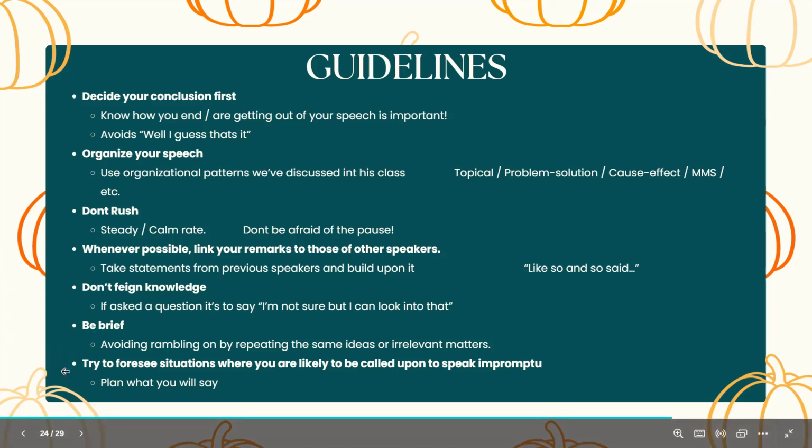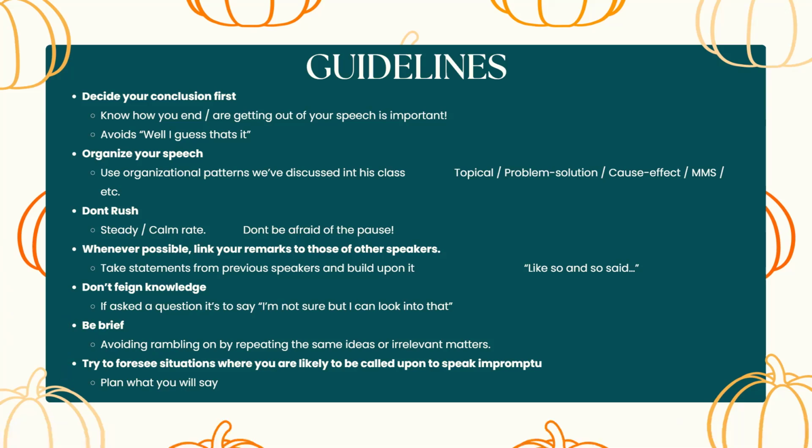And lastly, try to foresee situations where you are likely to be called upon to speak impromptu. So this is basically like you're planning what you will say if someone asks you to speak, right? So for example, you're driving back from a job workshop, you rehearse in your mind what you will say if the boss asks you to make a little presentation to your colleagues about what you learned.